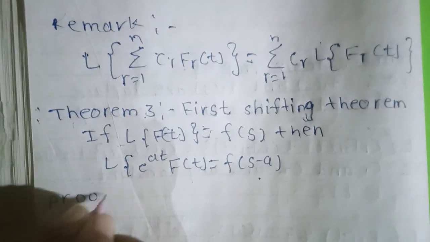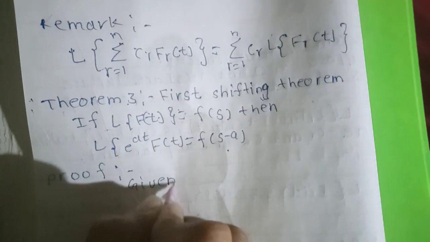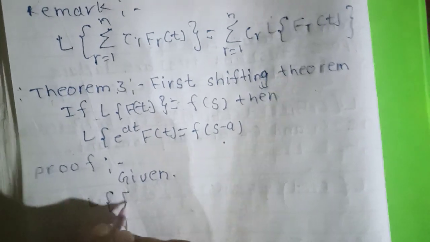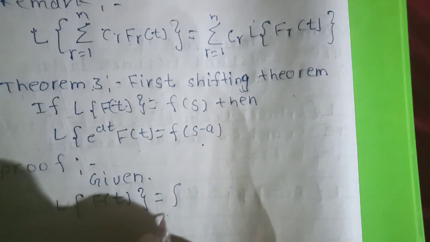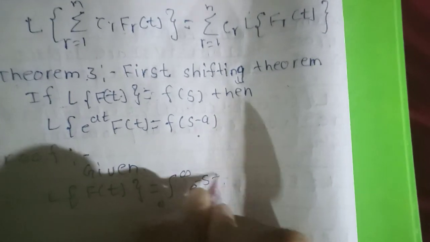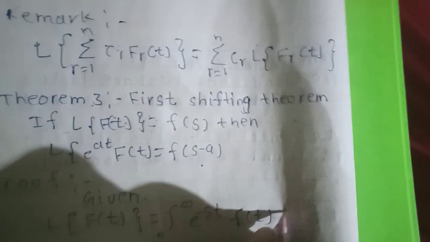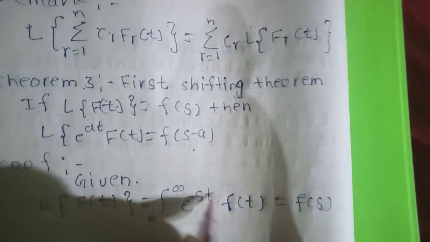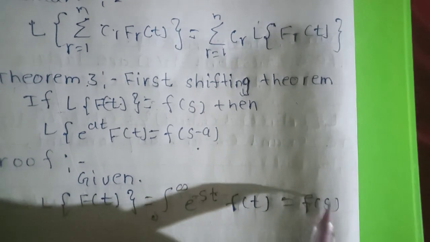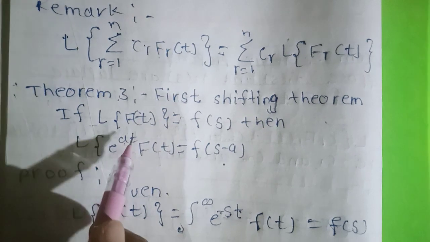Then the proof. Here we are given Laplace transform of f of t is equal to, we know the equation, integration 0 to infinity e raised to minus st f of t dt, which is also equal to F of s. Here is e raised to minus st, here is s, so here is F of s.